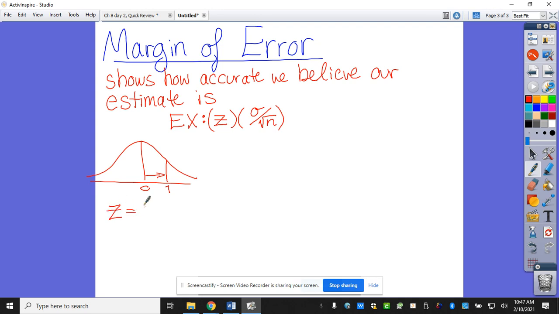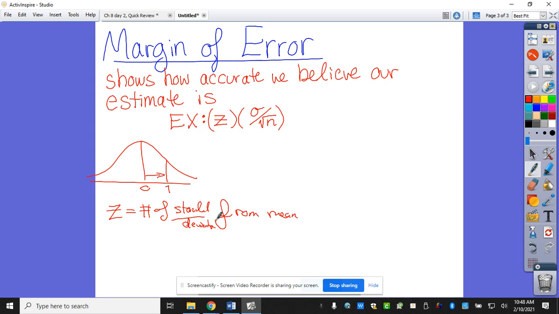So z equals the number of what from the mean? So that's why there's a z here, because that was telling us how many standard deviations we were away. In the first problem, we were 1 away. In the second problem, we were 2 away.